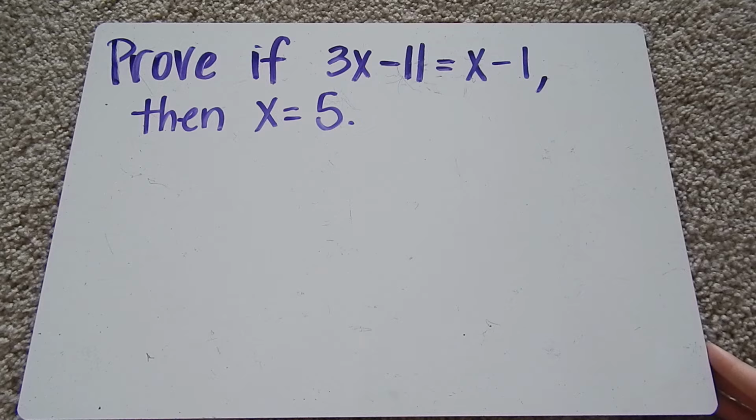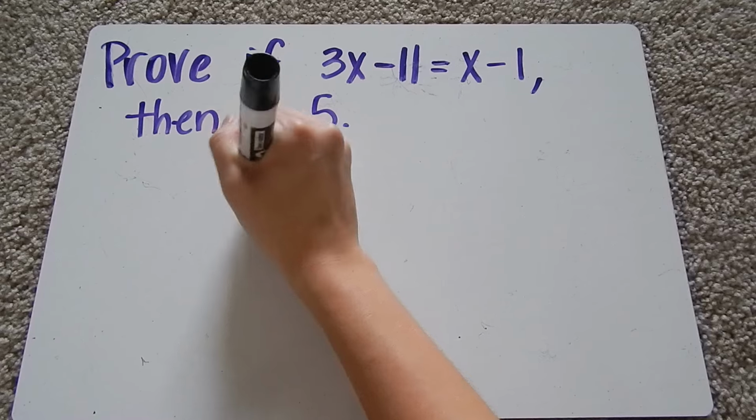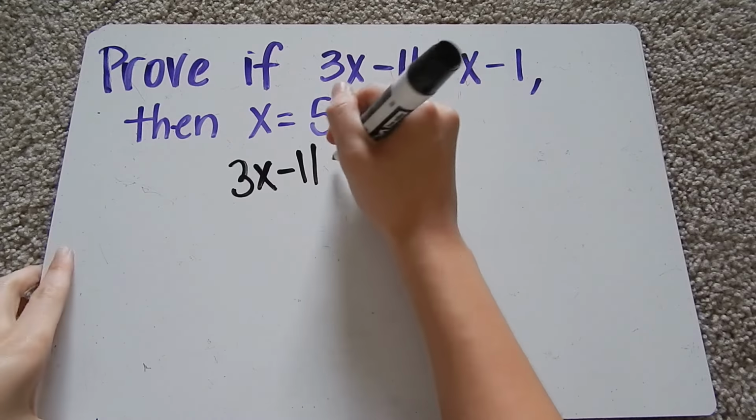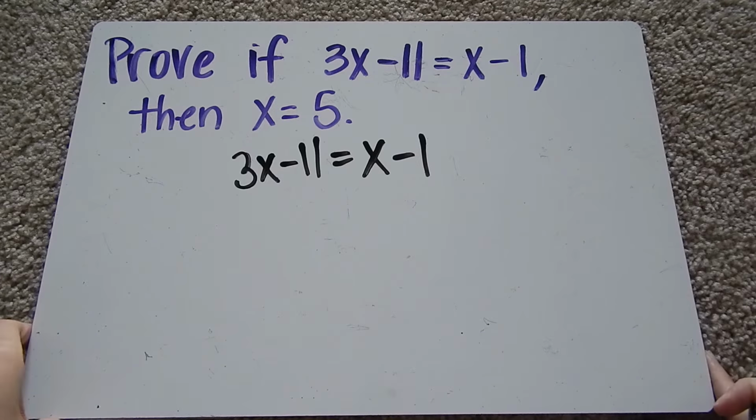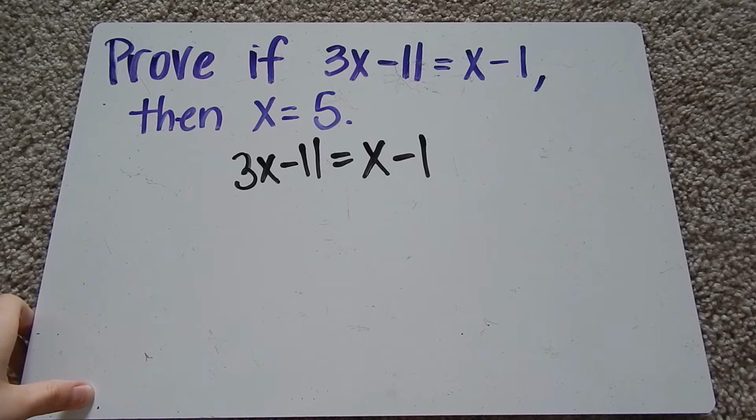So this first example says, prove if 3x minus 11 equals x minus 1, then x equals 5. So we're given a problem, 3x minus 11 equals x minus 1. Let's solve for x and see what we get. So the first step is to just move all the x's to one side.